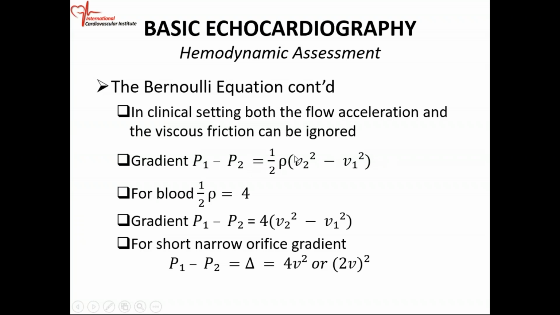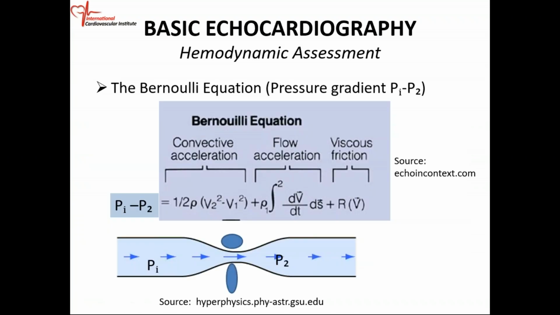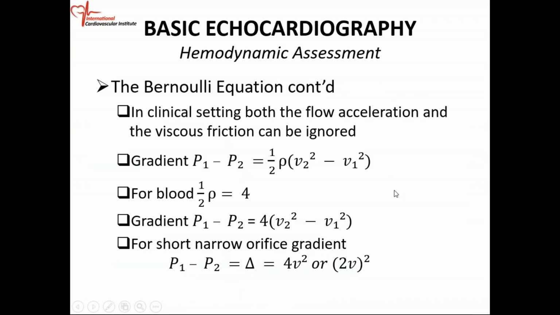Okay. When you simplify this, we assume if you have an area of stenosis, if we assume that this narrowing right here is not very long, okay, then we can ignore the velocity at point 1.